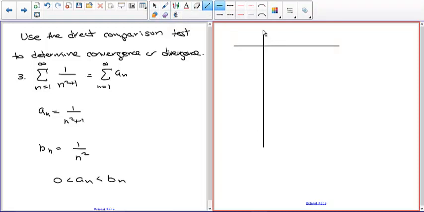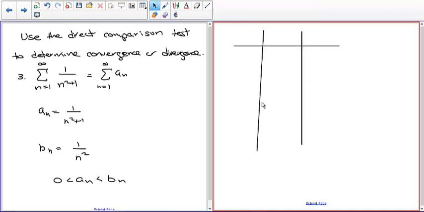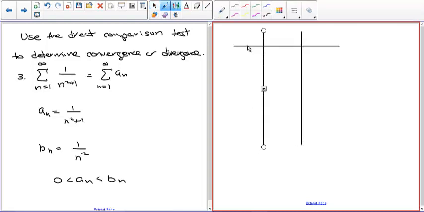So I'm going to make a table with 3 columns. This will be n, this will be 1 over n squared plus 1, and this will be 1 over n squared. Let's do the last column first. You get 1 over 1 squared, which is 1, 1 over 2 squared, which is 1/4, and 1 over 3 squared, which is 1/9.